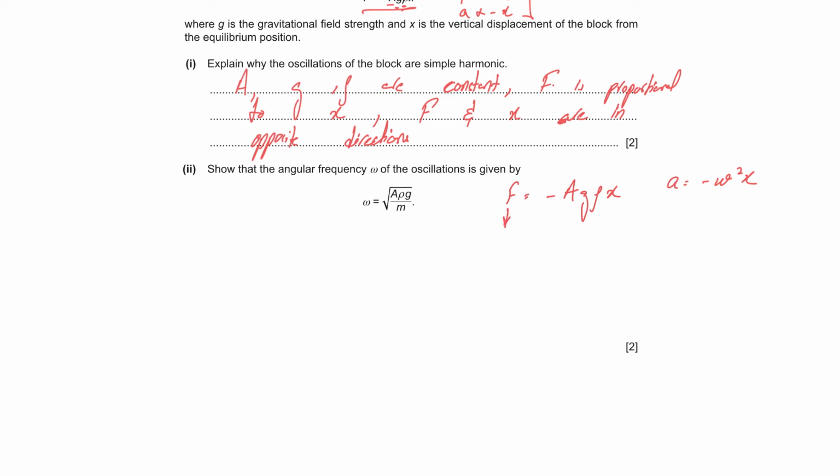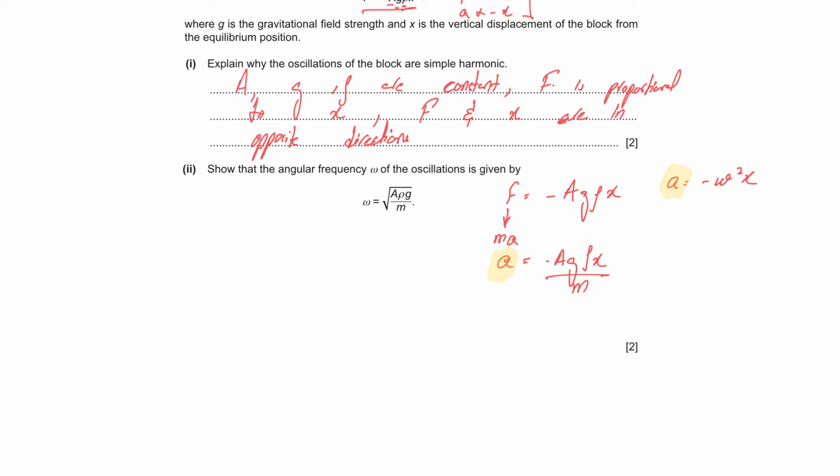We can also write this as F is equal to ma, or a is equal to minus A g rho x upon m. If we equate this a with this a, what do we get?